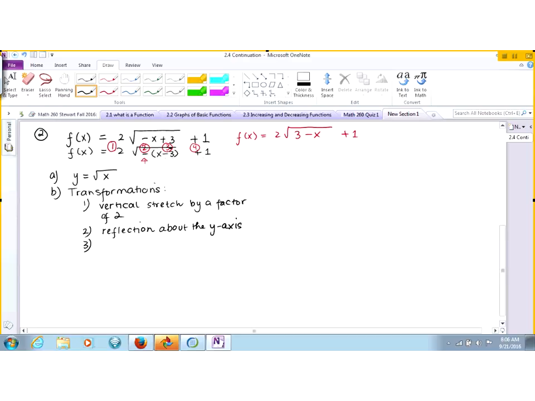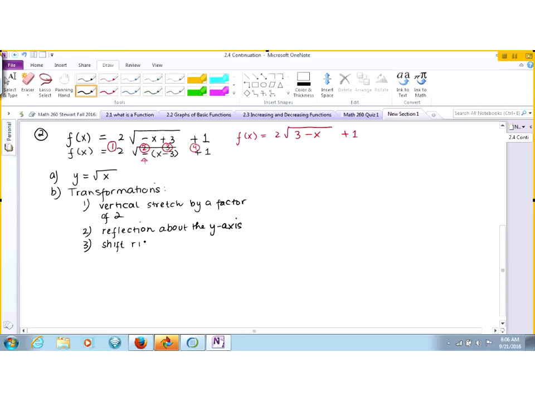Now, third one, this 3. So, who wants to answer? Josh? What does the third transformation do? Oh, shift. Shift where? To the right or to the left?